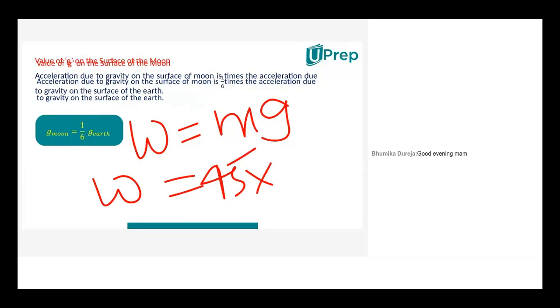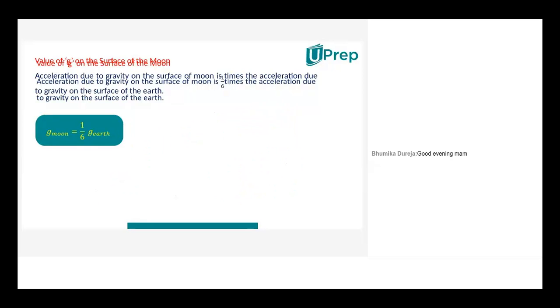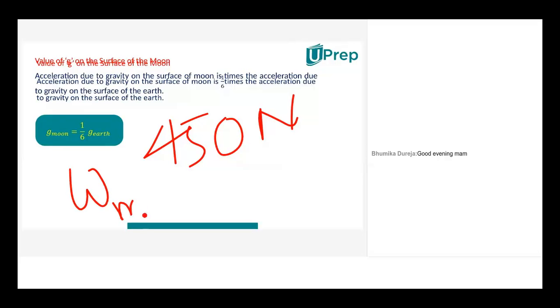Let us consider it to be 10 for our convenience in this calculation. So you will be weighing around 450 newtons on the earth. When you calculate your weight on the moon, you will be weighing 6 times less than what you are on the earth, which means your weight on the moon is given by 450 divided by 6. And you can calculate how much is that value.